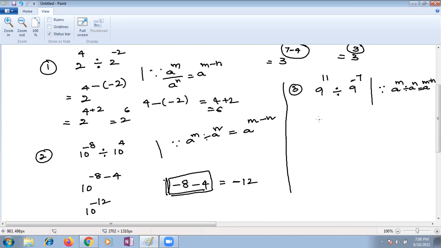So it will be 9 power 11 divided by 9 power minus 7, which is 9 power 11 minus of minus 7. Minus of minus is always positive, so it becomes 11 plus 7. So 9 raised to power 18 is the answer.